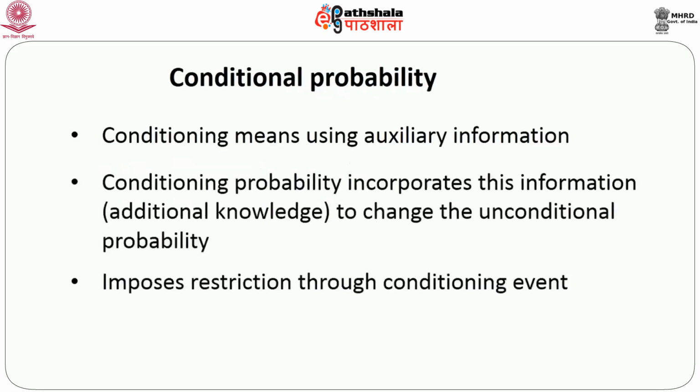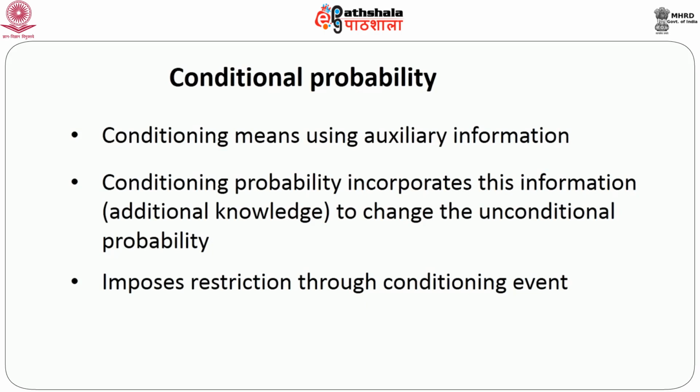So, let us first give an idea of the meaning of conditioning or conditional probability. Conditioning simply means that we are going to use some auxiliary information. Why should we use auxiliary information? If for some reason some information is available and it is related to the event of our study or interest, we can use that extra information.